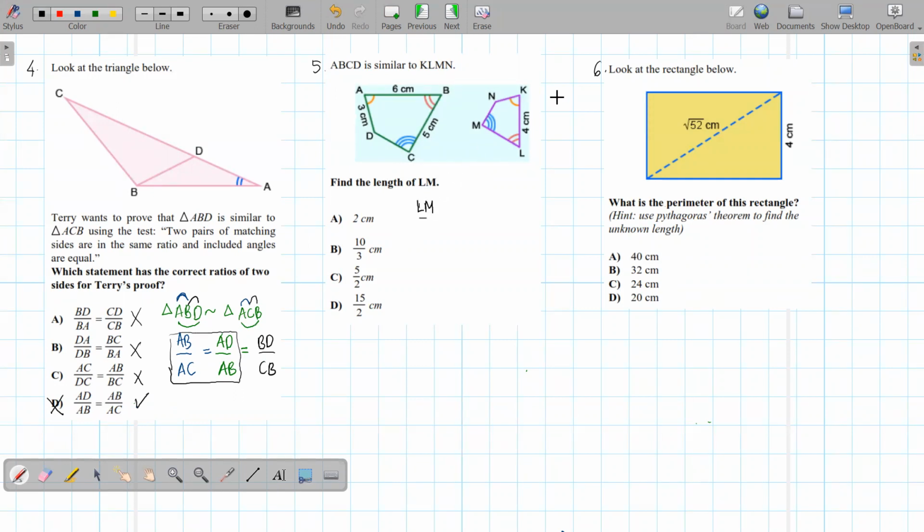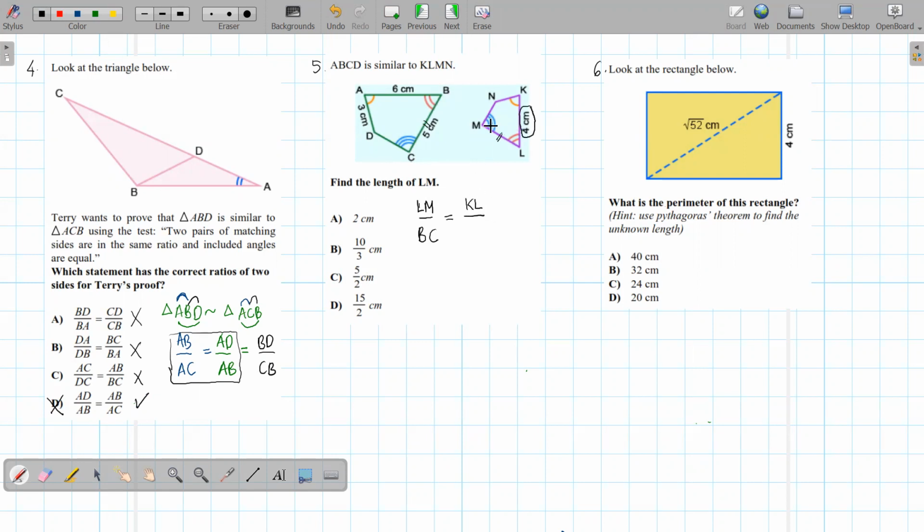LM corresponds to this one, between 3 blue and 2 orange. So it corresponds to BC.